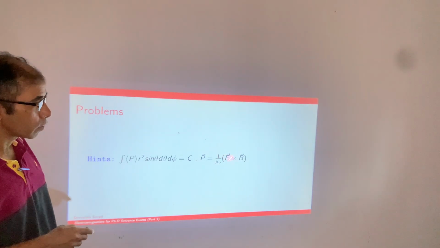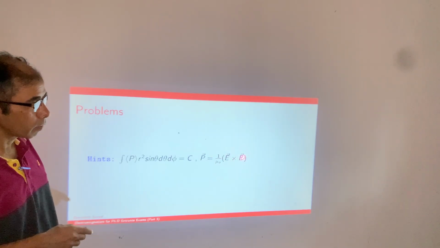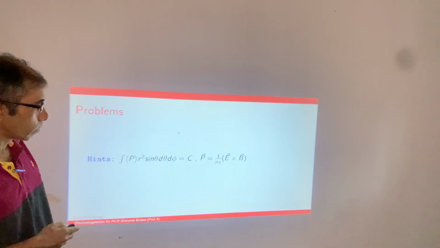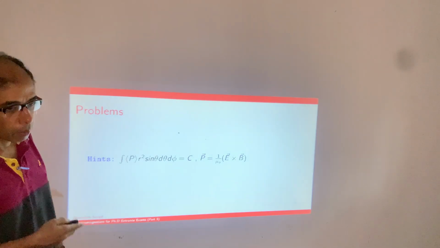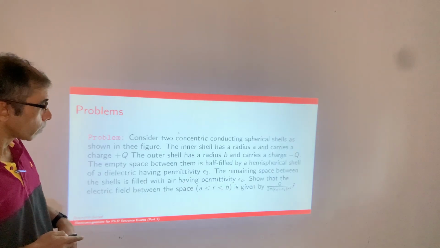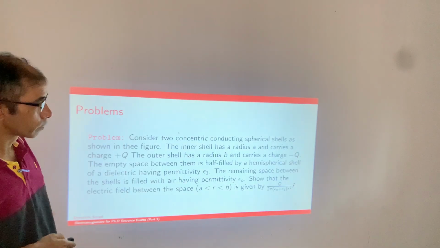That means the time average P goes as 1 by r square, and the time average H goes as 1 by r. Right? So this is simple, but we will do it in detail later.